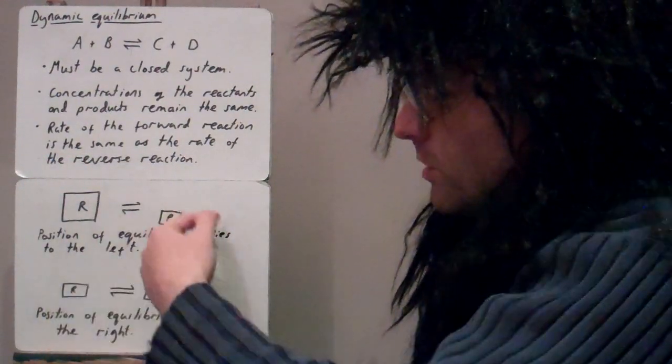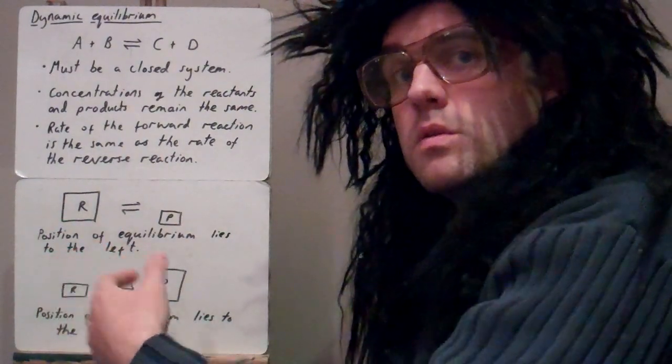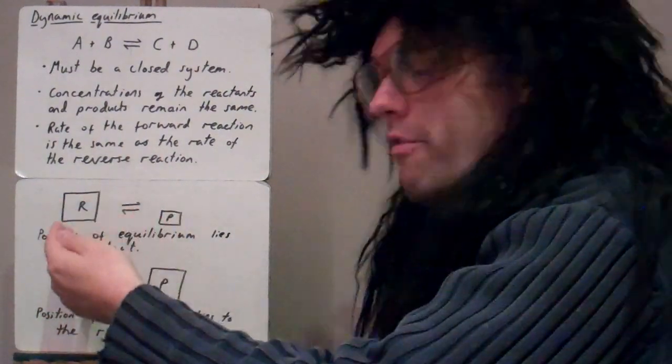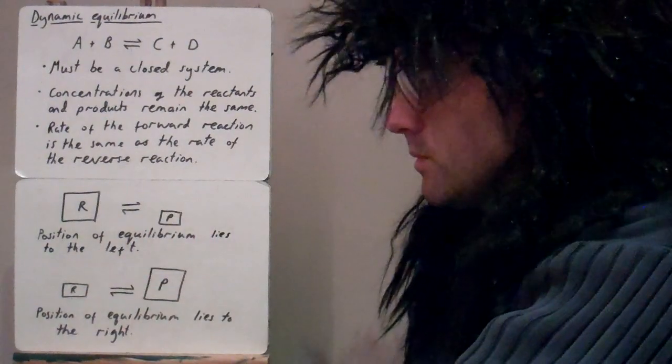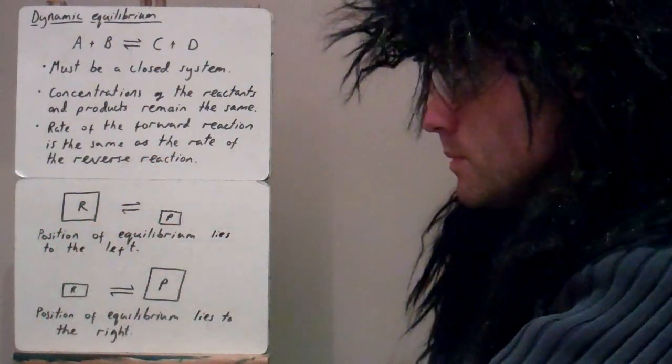In this scenario, we would say the position of equilibrium lies to the left, because the equilibrium is set up in such a way that we have more reactant than we do product, or higher concentration of reactant than the concentration of product.